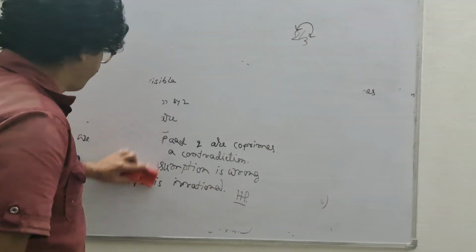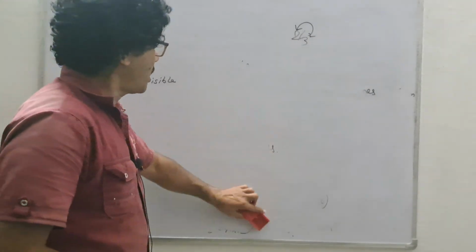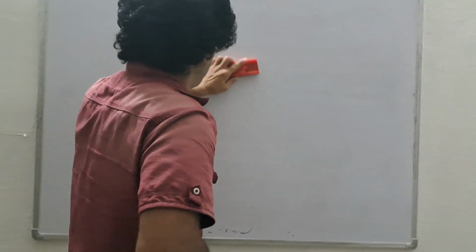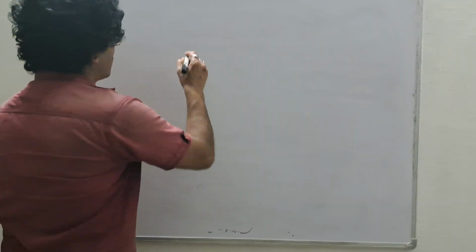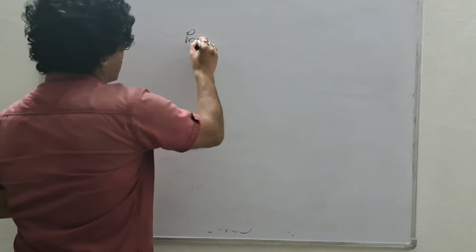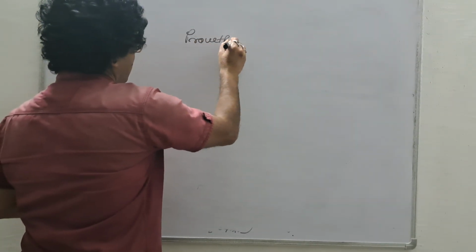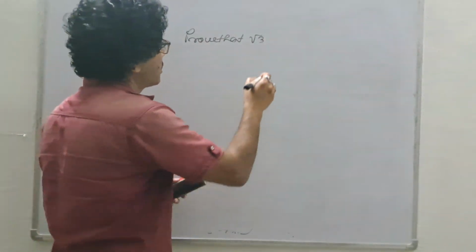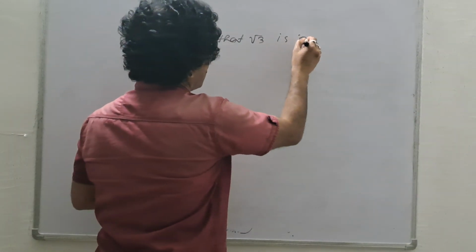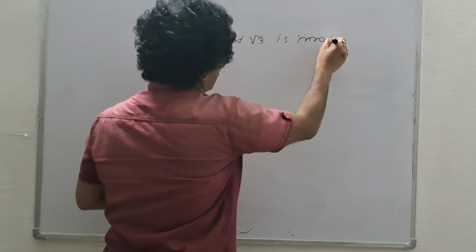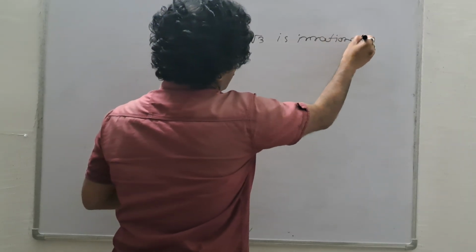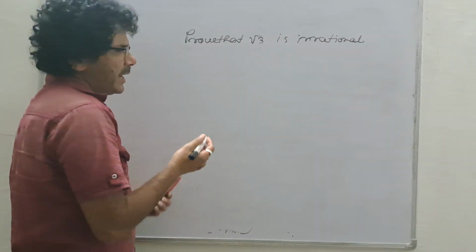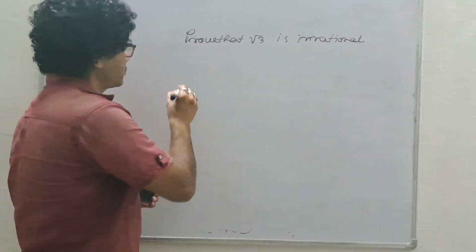Now we will prove that root 3 is irrational. Root 3 is irrational. Here also we will use the contradiction method.